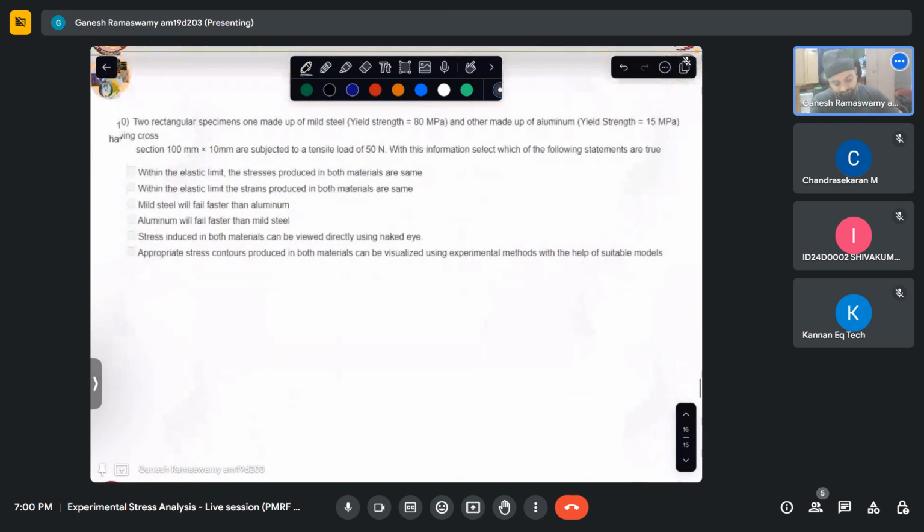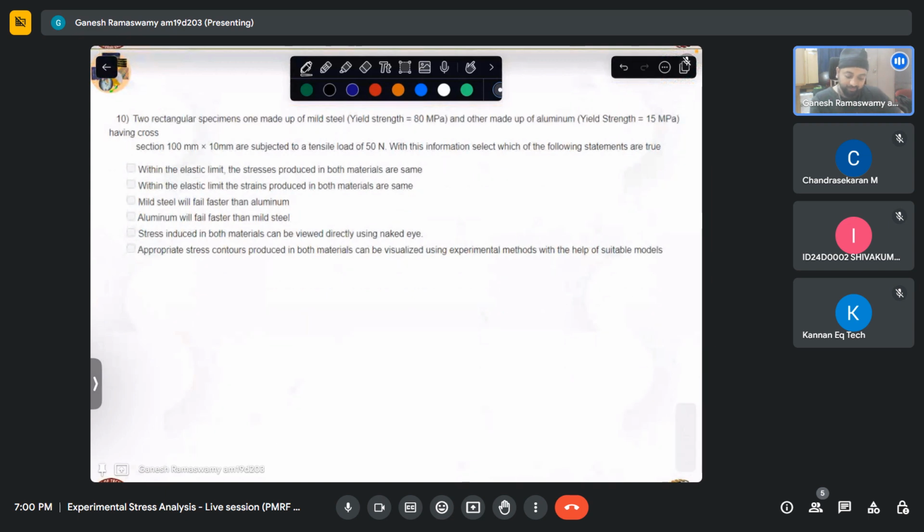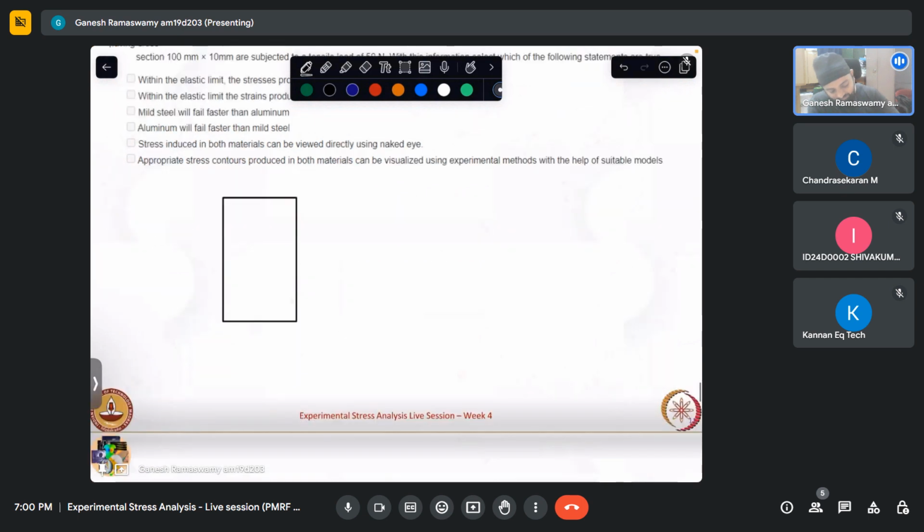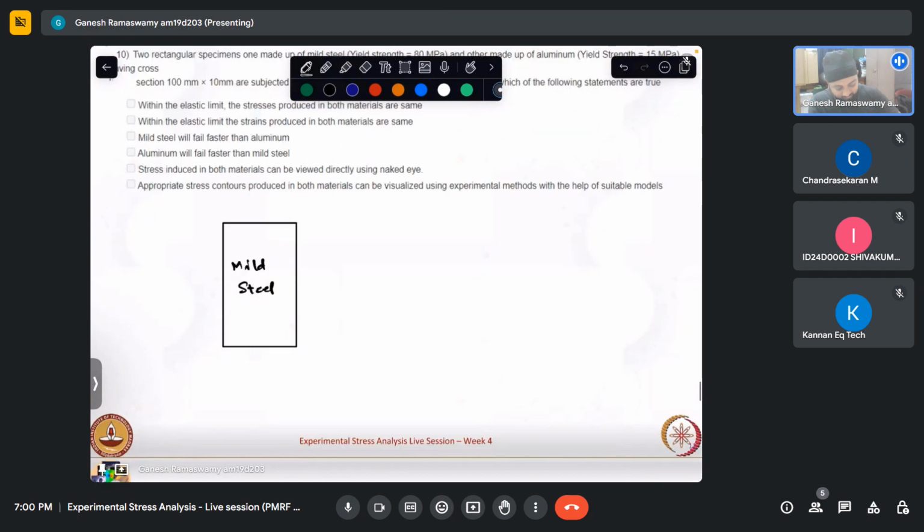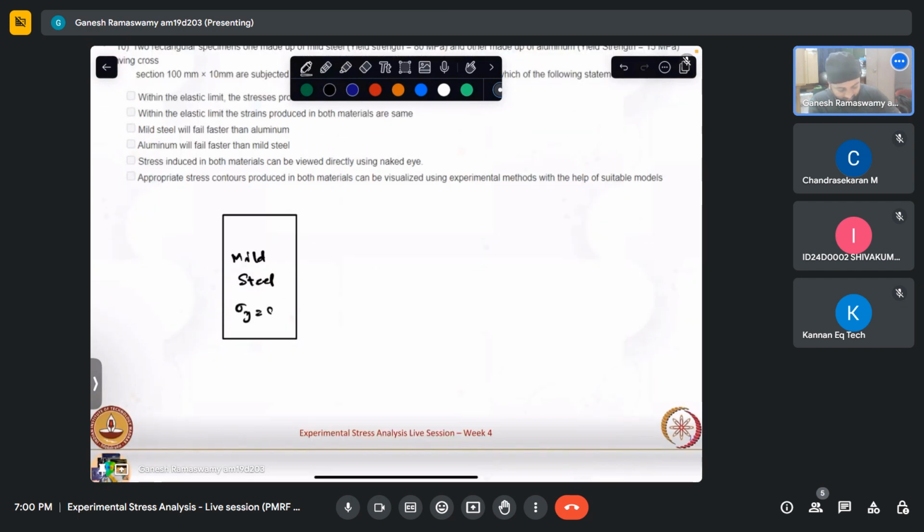Two rectangular specimens, one made of mild steel. So let us draw the rectangular specimen. So this is made of mild steel. Yield strength is 80 MPa.